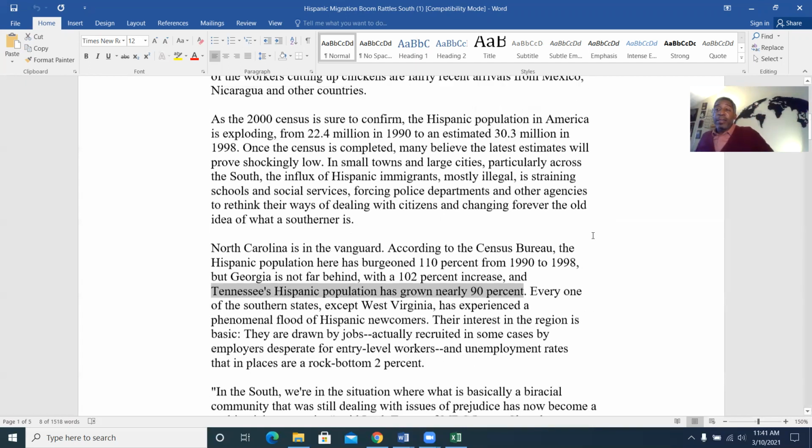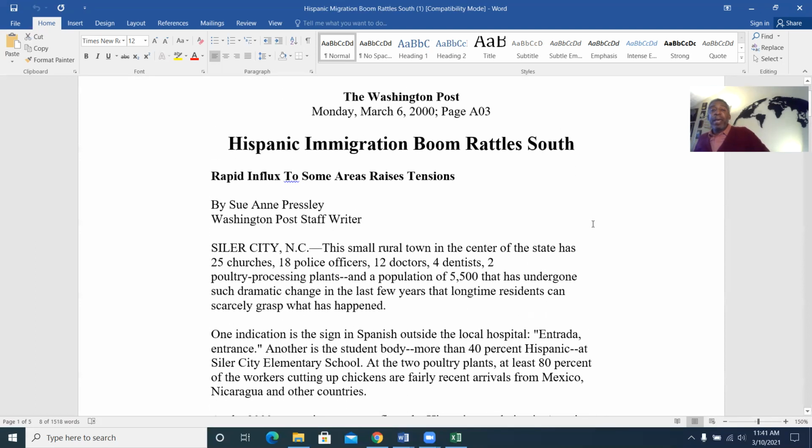But the impact, the societal impact upon the South has been great, because the South, for a century or so, or really pretty much ever since the country was established, was mostly Black and white.